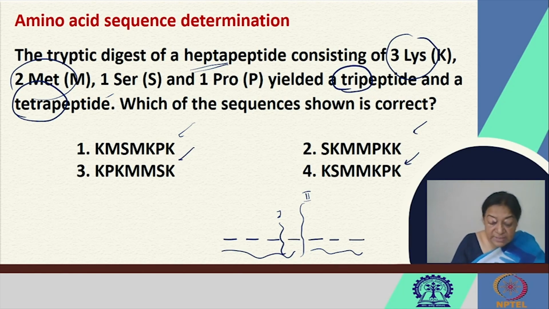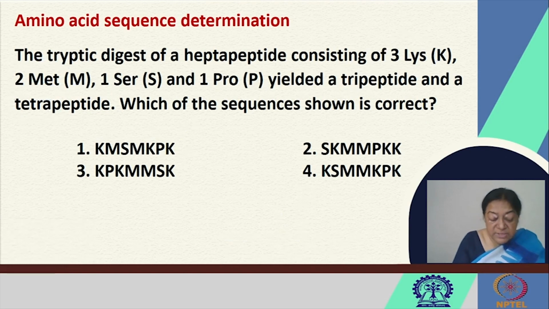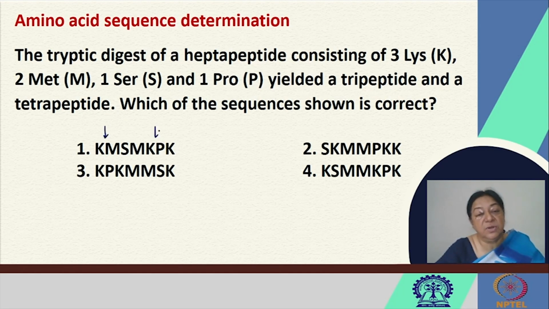So lysine is K. So we could have a break here for this particular sequence. If you look at number 1, we can have a cleavage here, we can have a cleavage here, but none of this is giving us a tripeptide and a tetrapeptide.